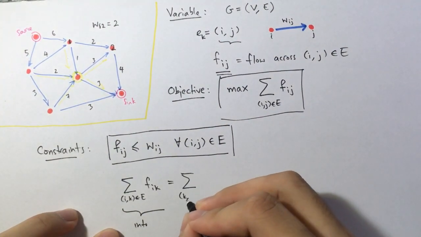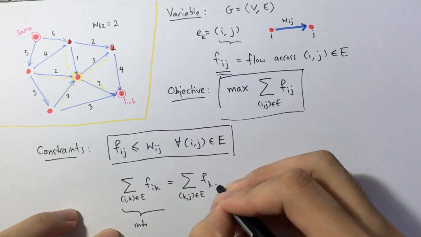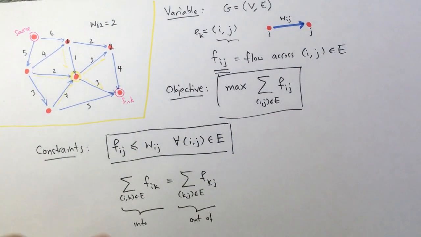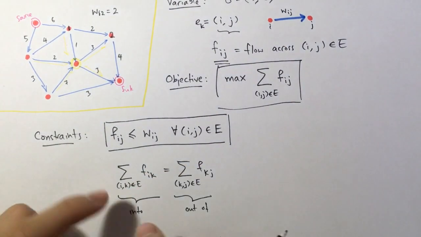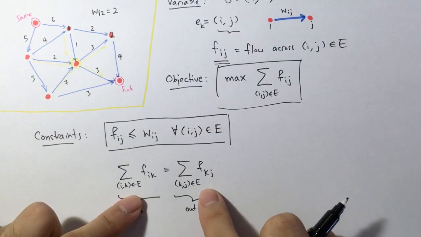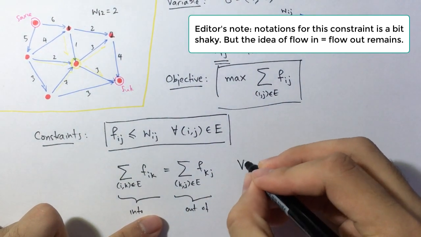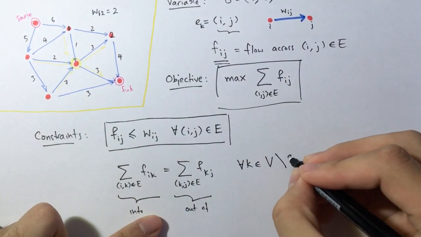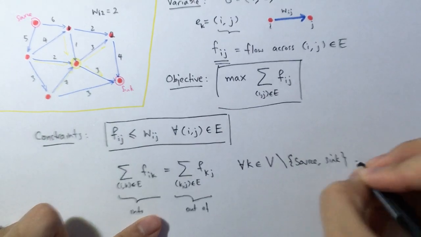So this will be the sum over kj in the set of edges, f_kj, like so. And this will be flows out of. So the math might be a bit confusing, but all this is saying is that the flow going into a certain vertex will be equal to the flow going out of that vertex, for all k in the set of vertices, but we're going to exclude the source and the sink.